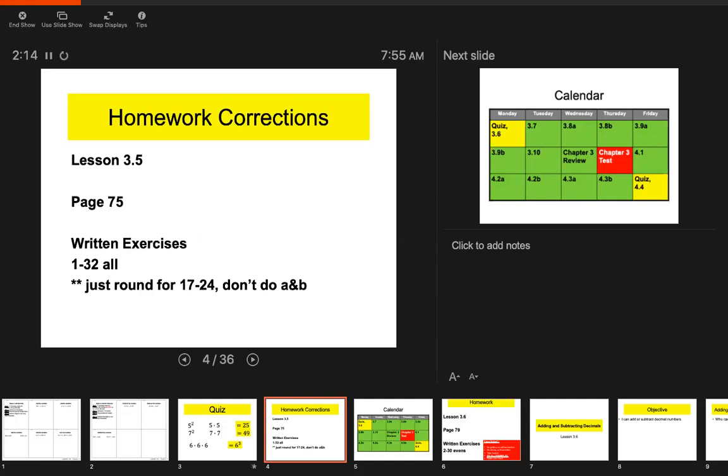Number 26, 506 and 69 hundredths. Number 28, 509 and 69,029 tenths, hundreds, thousands, 10,000, hundred thousands. Number 30 is 500. Number 32, the last one, 509 and 6,903 ten thousandths.